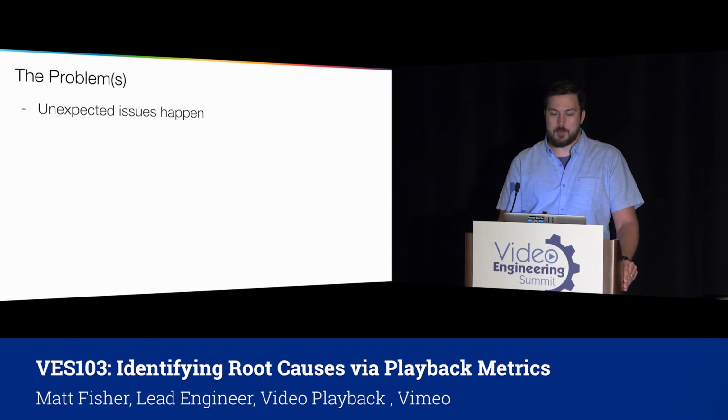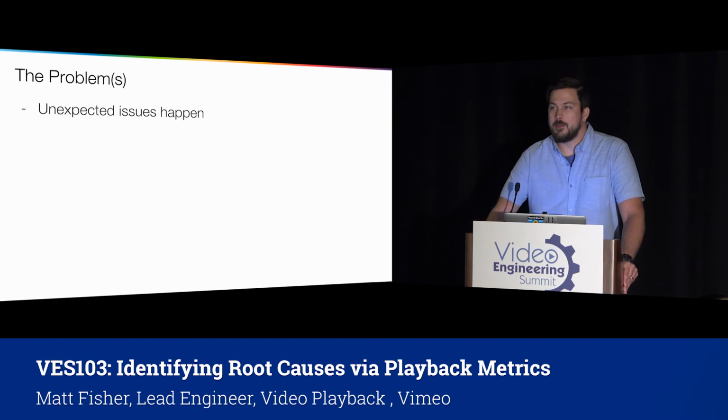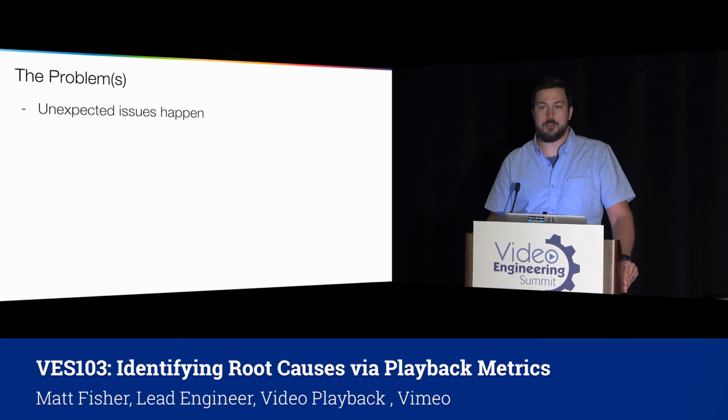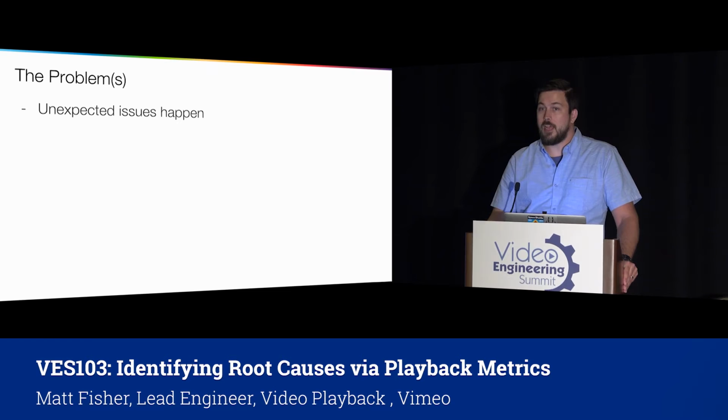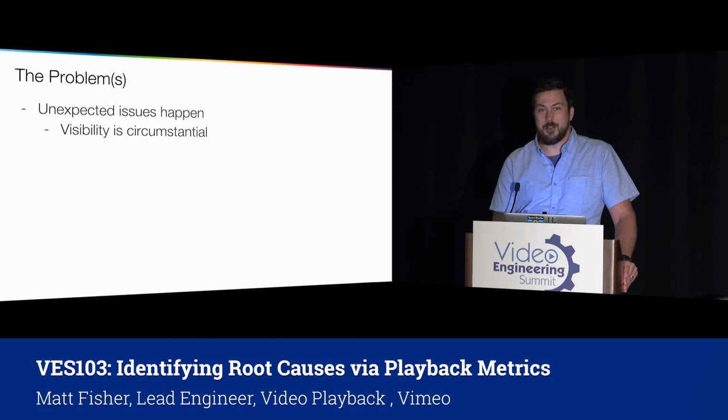So, some of the problems that really dictate the value of playback metrics, in my opinion. As we all know, in the world of software engineering, issues always happen. And the more dependencies we rely on to serve video, and I'm sure everybody has a good understanding of how complex video delivery structures can be, between live and VOD, OTT, whatever venue you are focusing on, things happen. They might be related to changes that you made, or to your dependencies, both internal and external, but nevertheless, they will always happen.